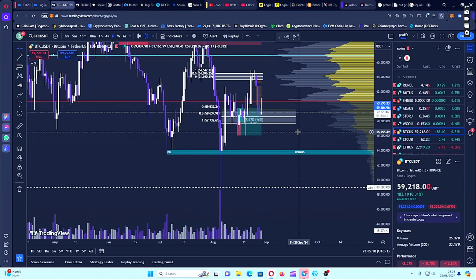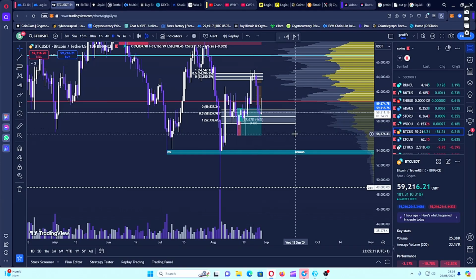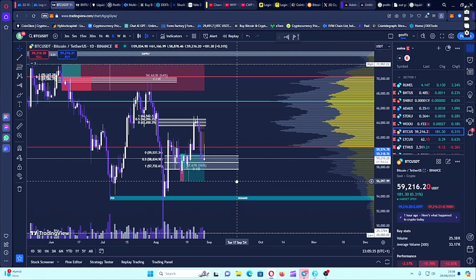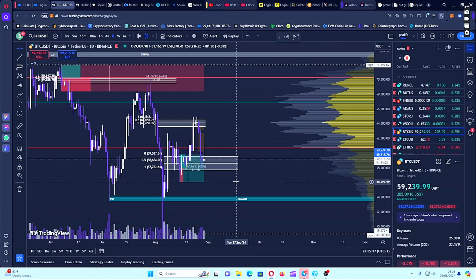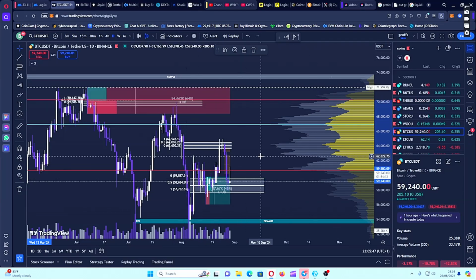So I will be watching closely, and that's how you can integrate the fair value gaps and the order blocks to give you that little bit more confidence to think, yeah, a long could possibly occur here, or this area here. Yeah, shorting is a good opportunity because it's just tapping into it and tap, bang, bang, all the way down.